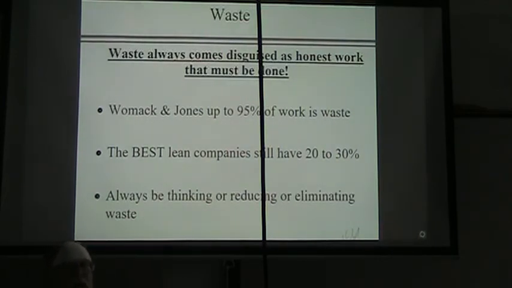That is actually Toyota's estimate about their own leanness. We want to always be thinking about reducing or eliminating waste. Some things are non-value added but necessary. Those have to be retained.